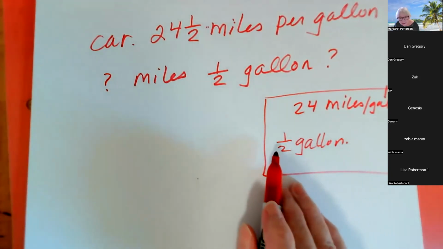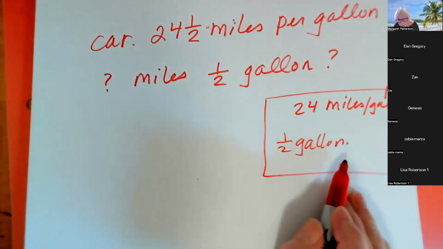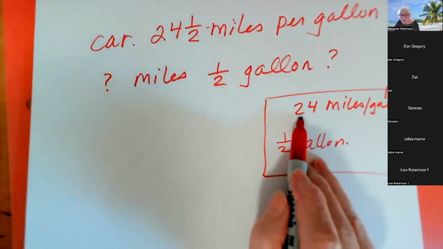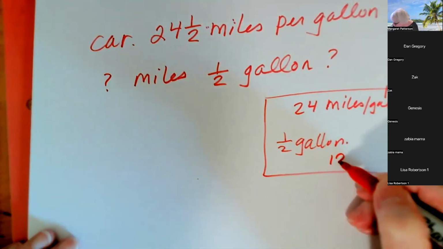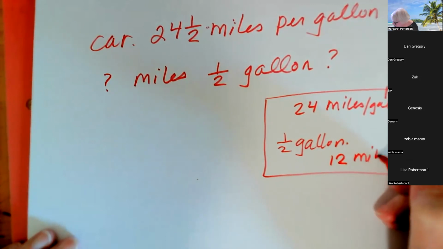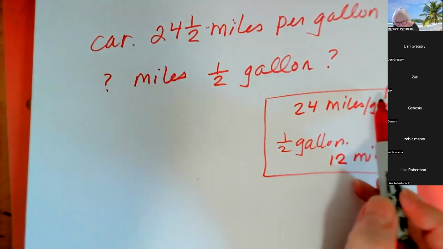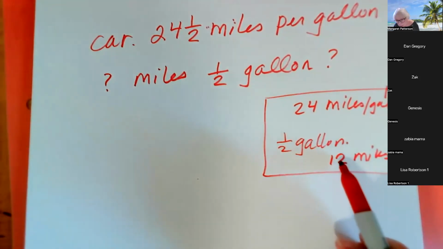If you only have half a gallon, how far would you go? You wouldn't go 24 miles, would you? No. How far would you go? You would go 12. See, a full gallon would get you 24 miles, but a half a gallon would get you only 12.